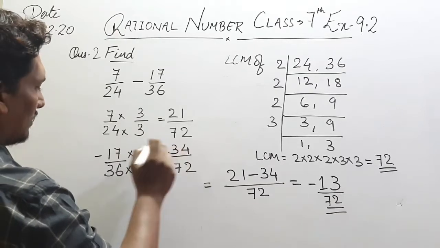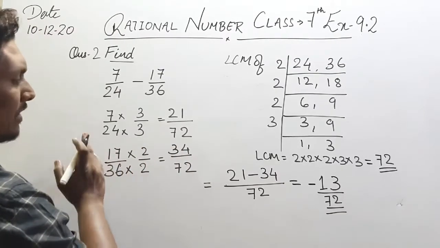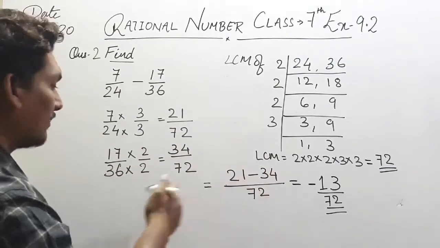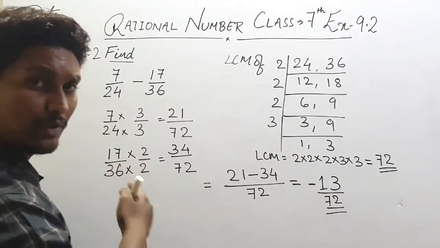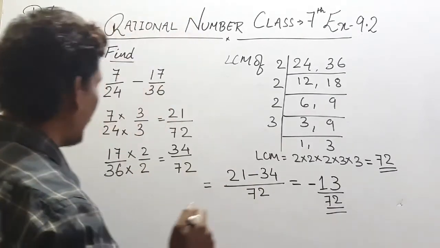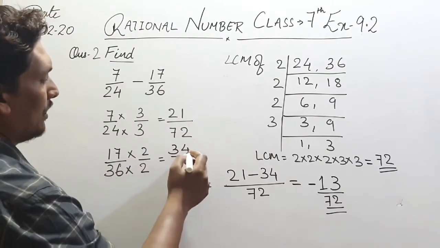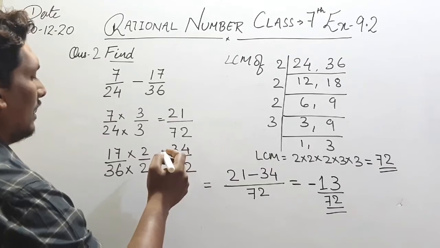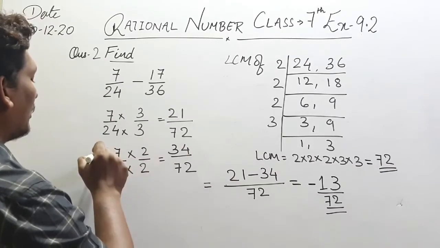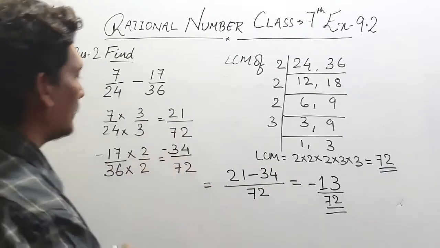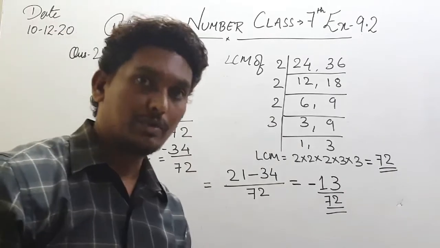I have put the negative sign here. For the conversion I had not put the negative sign, right? So 36 into 2, that is 72. Now 34, and we will put the negative sign, to avoid confusion.